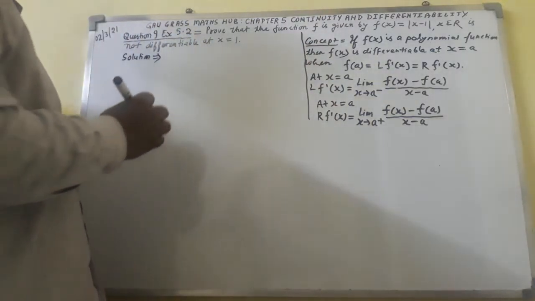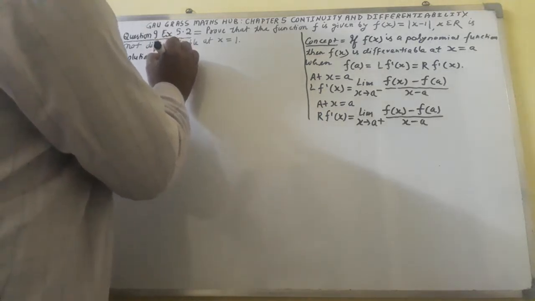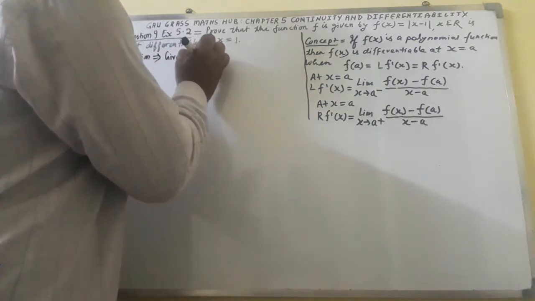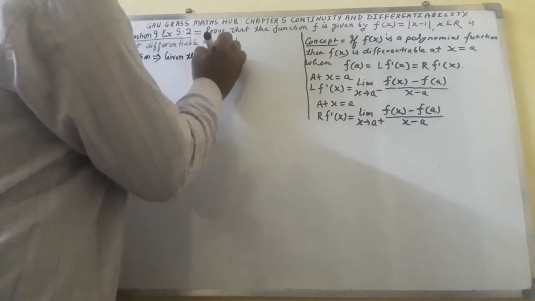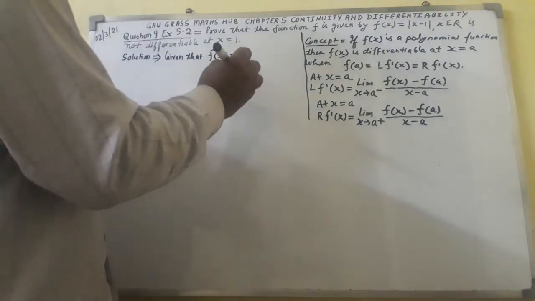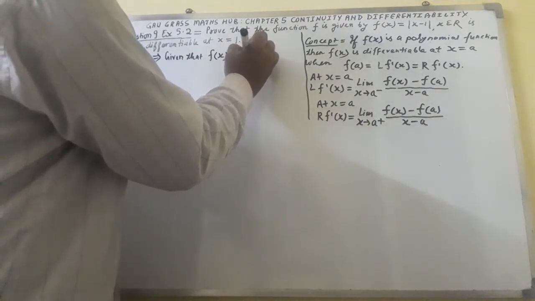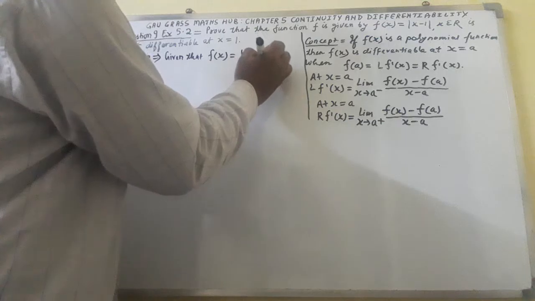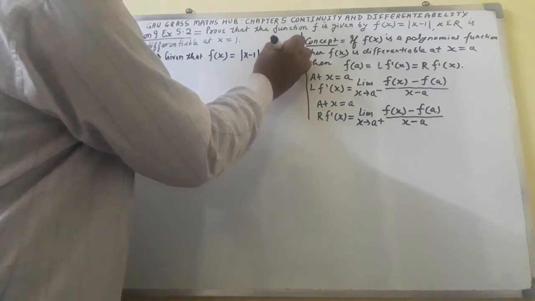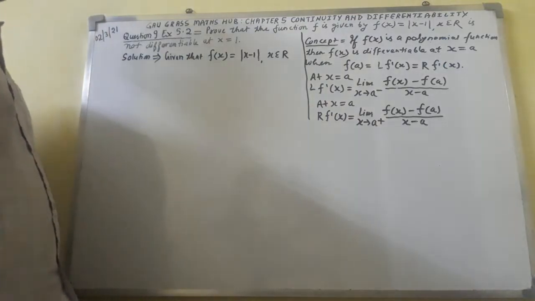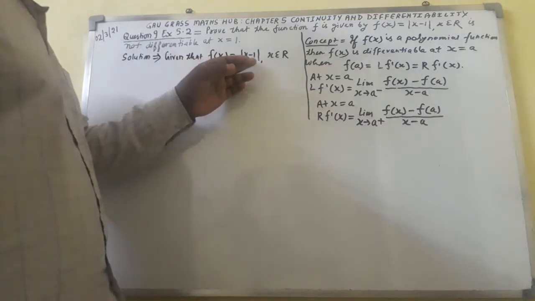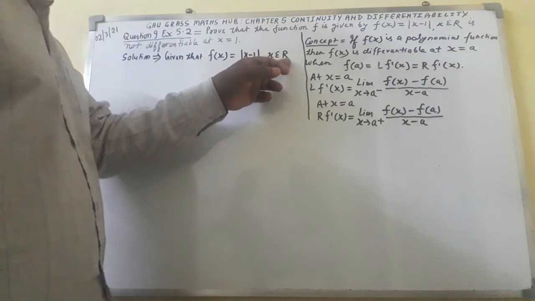Here I shall write, given that f of x is equal to mod x minus 1, x belongs to set of real numbers. Here you can see f of x is equal to mod x minus 1, x belongs to set of real numbers.